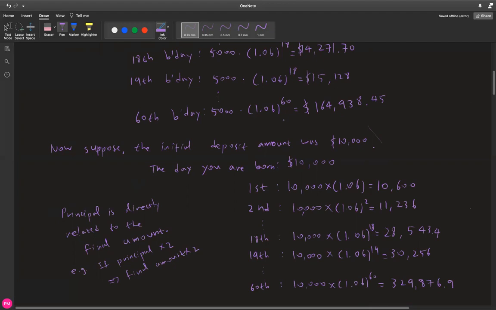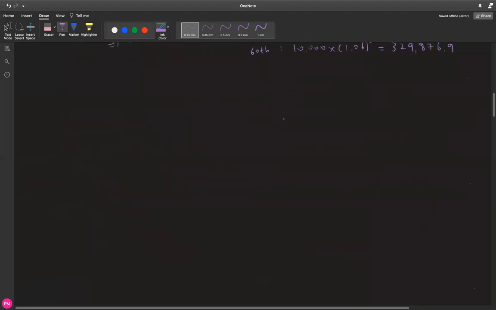So let's work with the APR now. So now suppose when everything else is the same, the APR is 12% as opposed to 6% we've been working on.